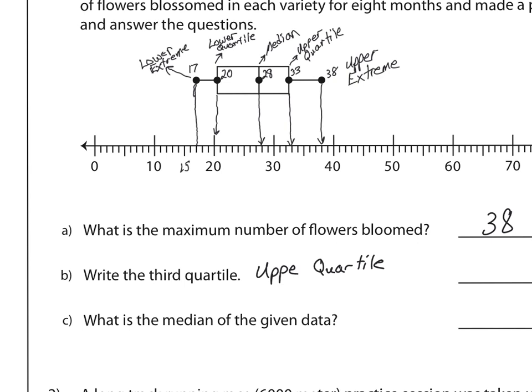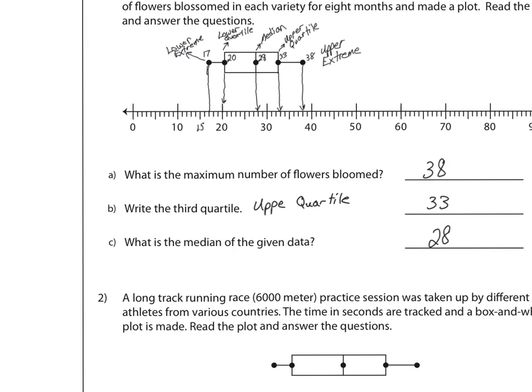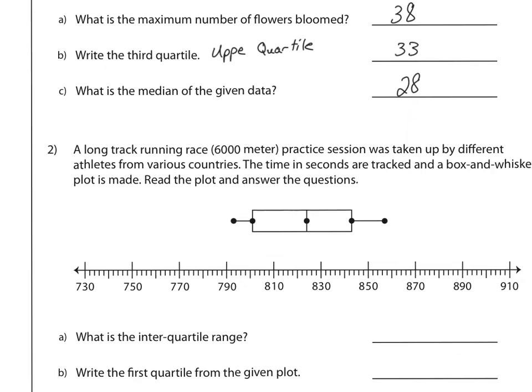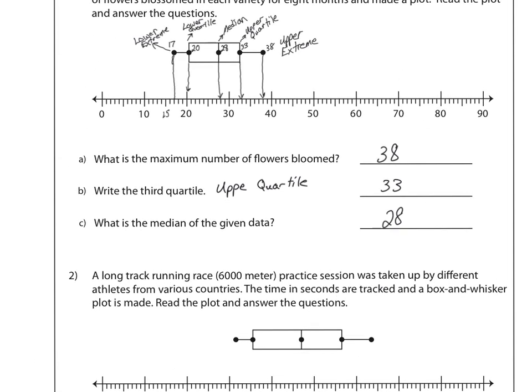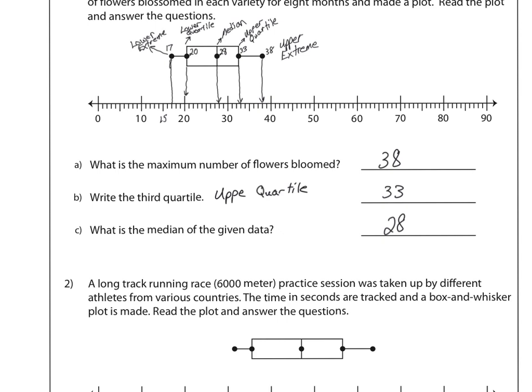The upper quartile and third quartile are at 33. And then what is the median of the given data? So we identified that. That's the dot that appears somewhere in the center of the box. Not exactly centered, but somewhere inside of that box. And that is 28. Okay, so that is the idea behind finding the median, the lower quartile, upper quartile, and your extremes, lower and upper.